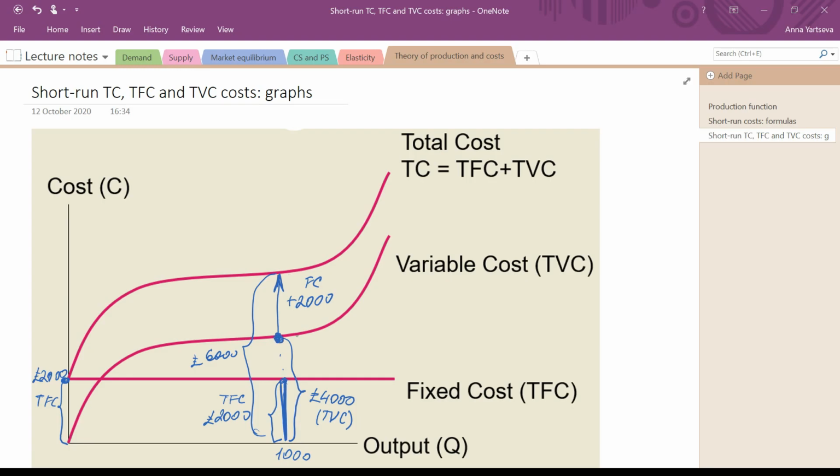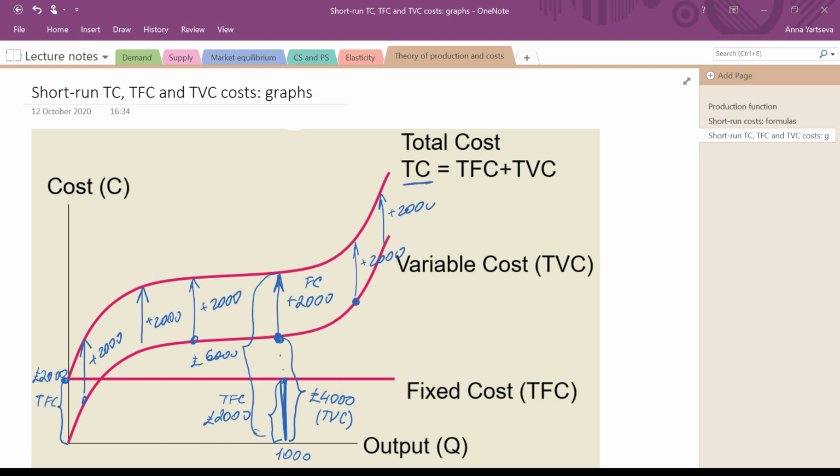And it means that we shift every single point on the variable cost line upwards by £2,000. We impose an additional £2,000 on top of whatever amount we have spent on our materials. Regardless of how much we produce, regardless of where we are located, every time we impose an additional £2,000. So strictly speaking, we are shifting the variable cost curve upwards by the amount of fixed cost.